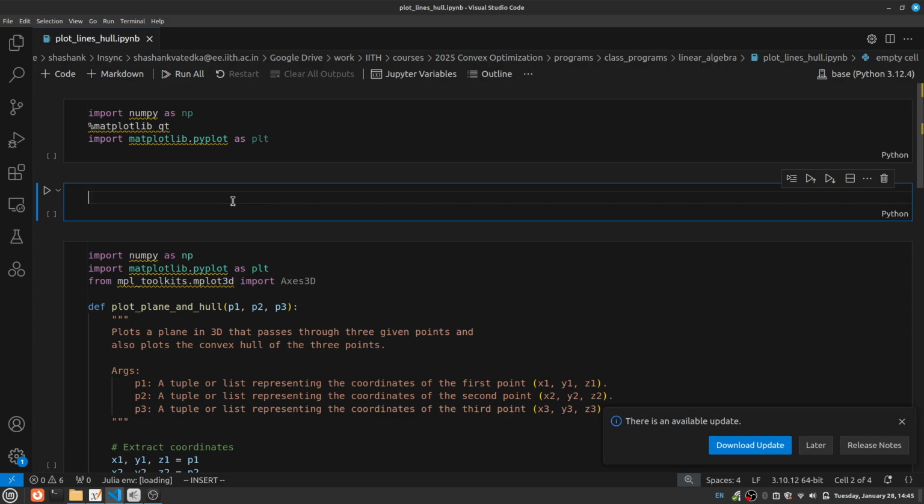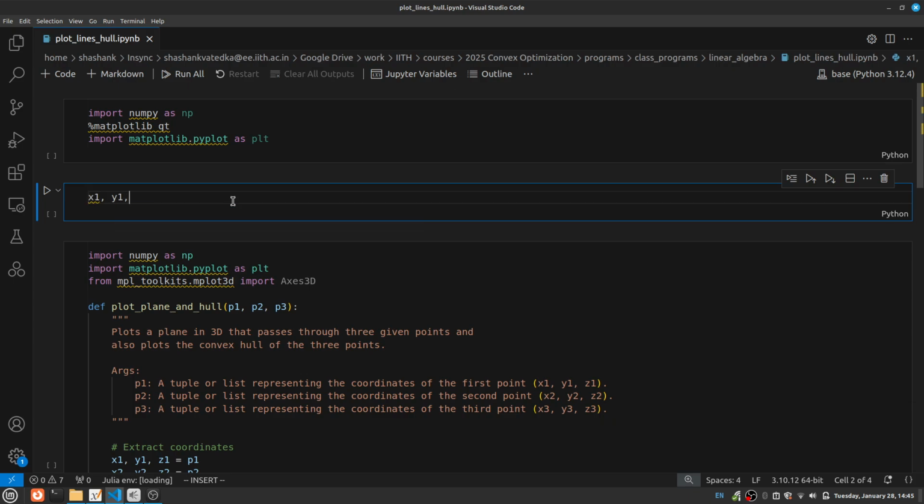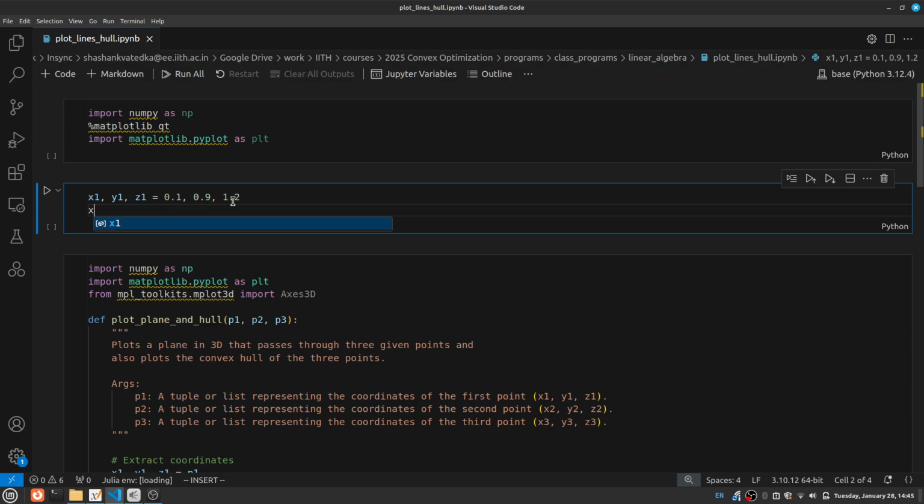Let me take 2 arbitrary points, say x1, y1, z1, which is 0.1, 0.9, 1.2, and x2, y2, z2, which is, let's say, 0.9, 1.2, 2.